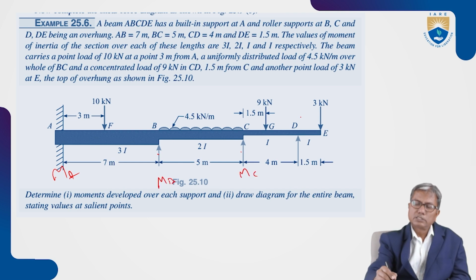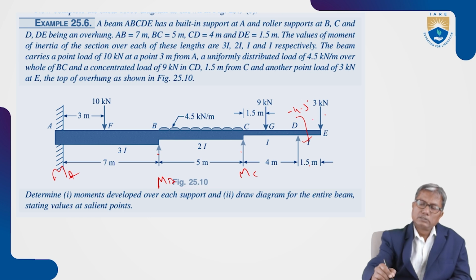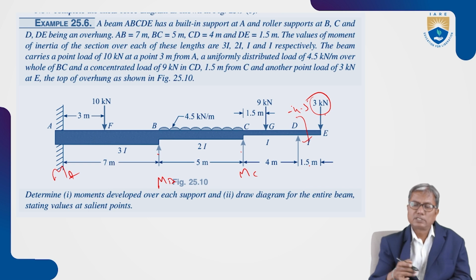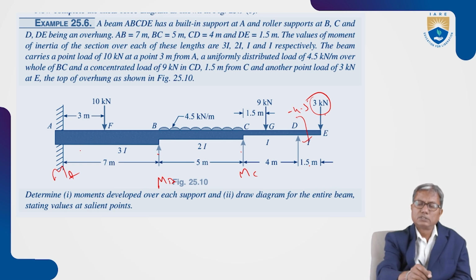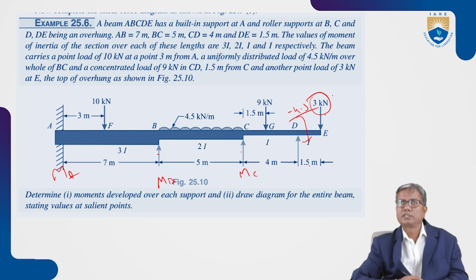Moment at D is known, which is 3 into 1.5, 4.5. As I told you, this remains constant unless this load changes. Irrespective of the loads on the other spans AB, BC, and CD, MD remains 4.5 negative.